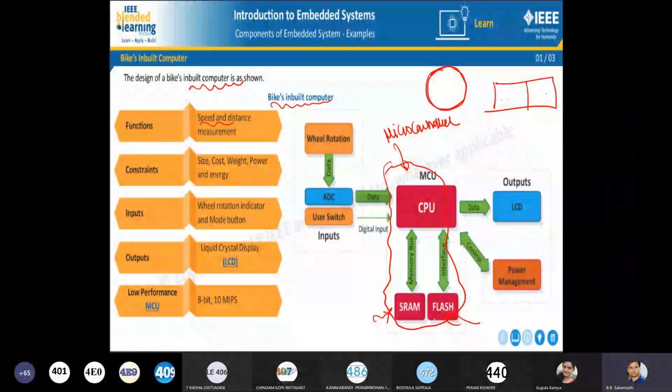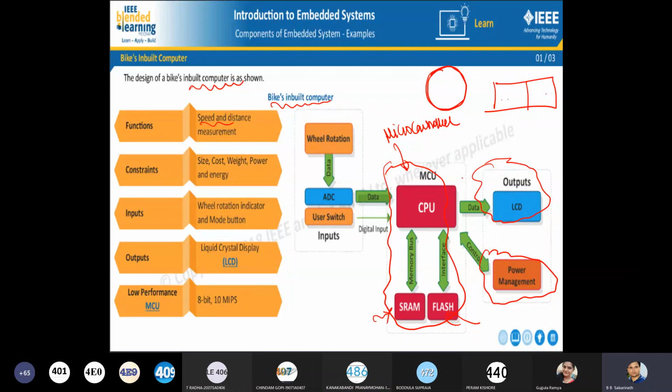It also has outputs and some power management. In order to optimize the power, it has a power management unit. Also it displays on the LCD, which is the output.